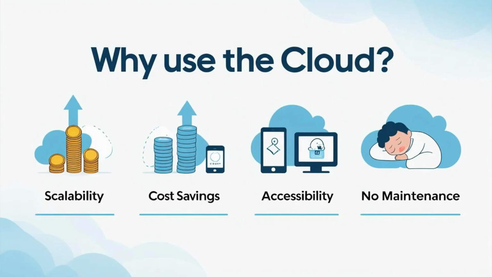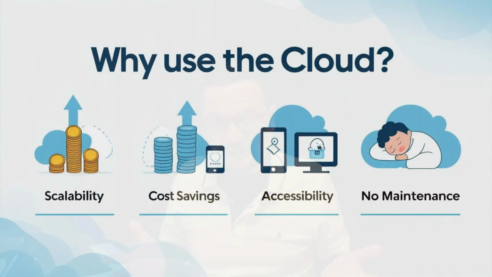So let's talk about a few reasons why the cloud is so popular. Well, it has to do with a few things. For a start, it's scaling, meaning you need more power. For example, with all the AI buzz going on, you click a button and you have more power in your application. Cost savings. You don't need to buy the hardware. You don't need to buy all those servers.